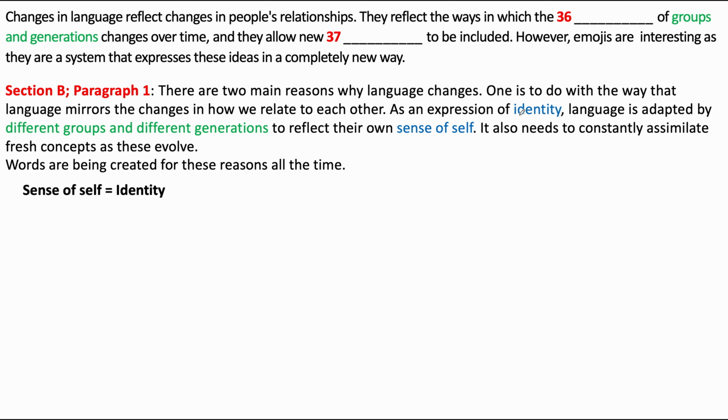As an expression of identity, identity means how people see and define themselves. So, in a way to express how people see themselves, language is adapted or changed by different groups to show their sense of self. The tricky part in this answer is that two parts of the passage, identity and sense of self, mean the same thing, how people see and define themselves.